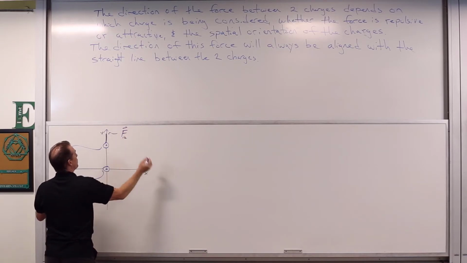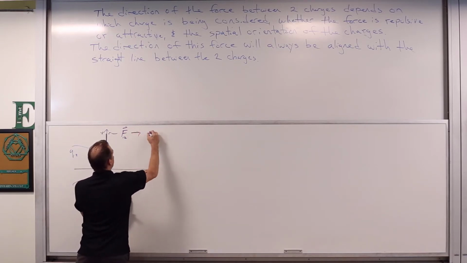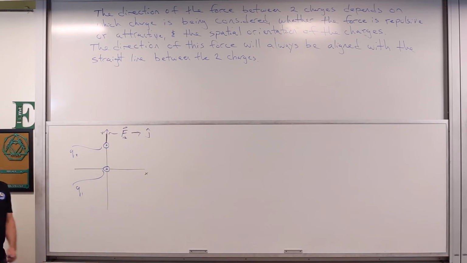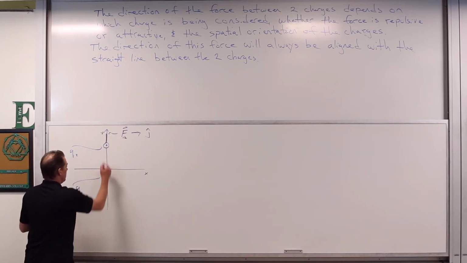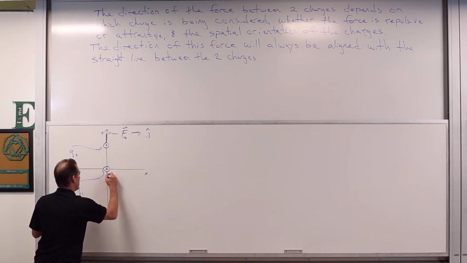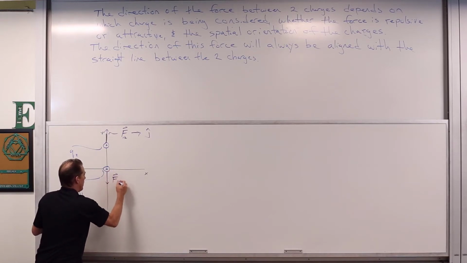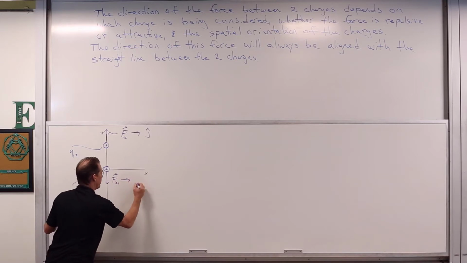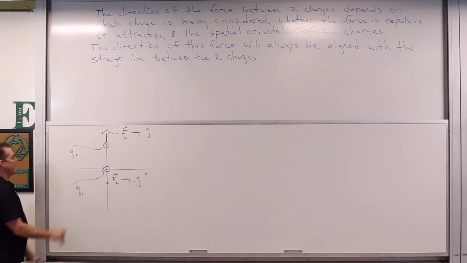F hat 1, 2, direction would be positive J hat, assuming that they're one at the origin and one on the y-axis. If we went ahead and said, well, what about the force on Q1? We'd have this. F hat 2, 1, directionally would be negative J hat.